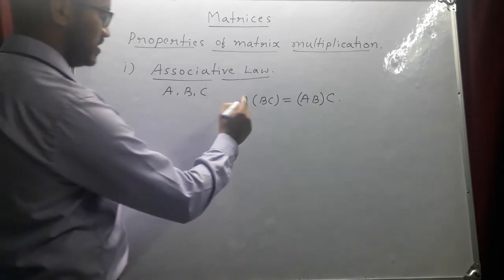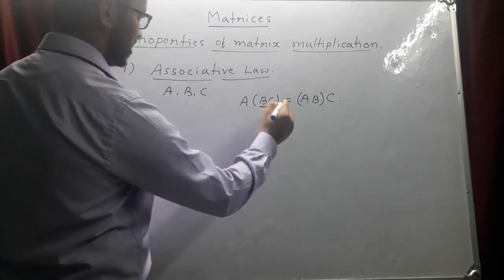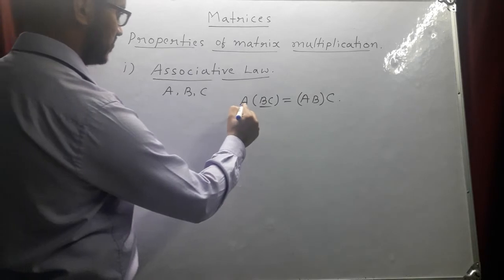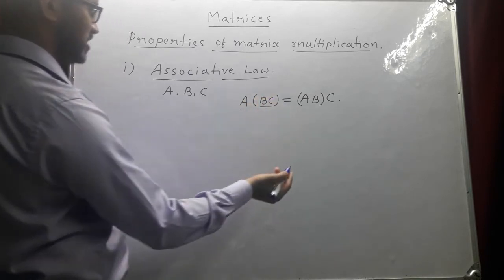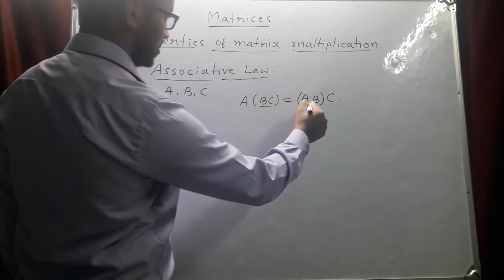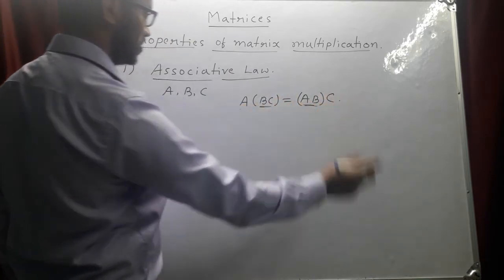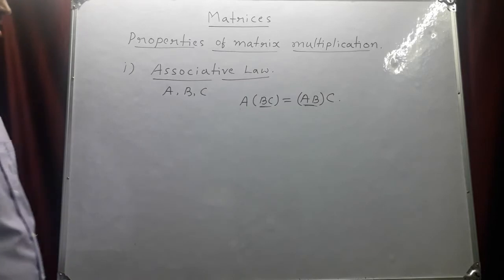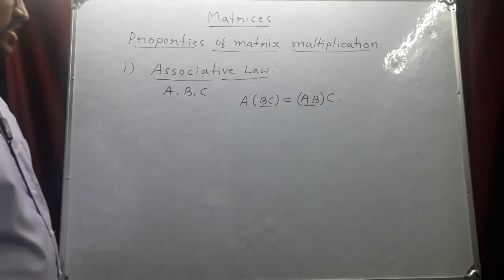Suppose we can find the product BC, then we can find the product A into BC. This should be equal to the product AB into C. Here we have to remember both sides of the equality should be defined.